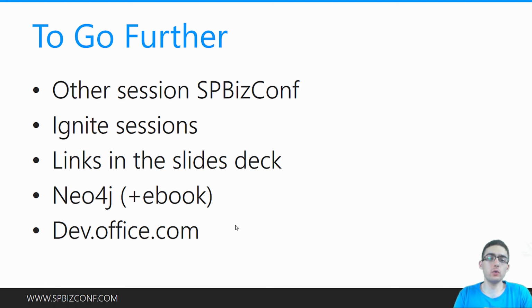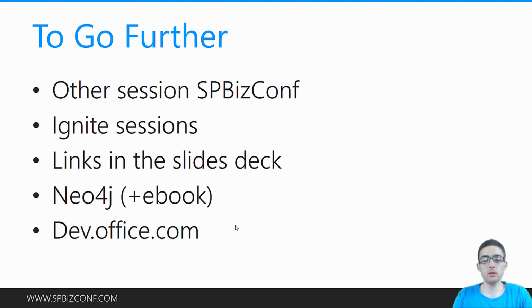To go further, you have other sessions talking about the Graph and unified APIs during the SPBizConf conference. You have a lot of sessions talking about that at Ignite. In the notes of the slide deck, I've put a lot of links to documentation and blog posts and stuff like that.